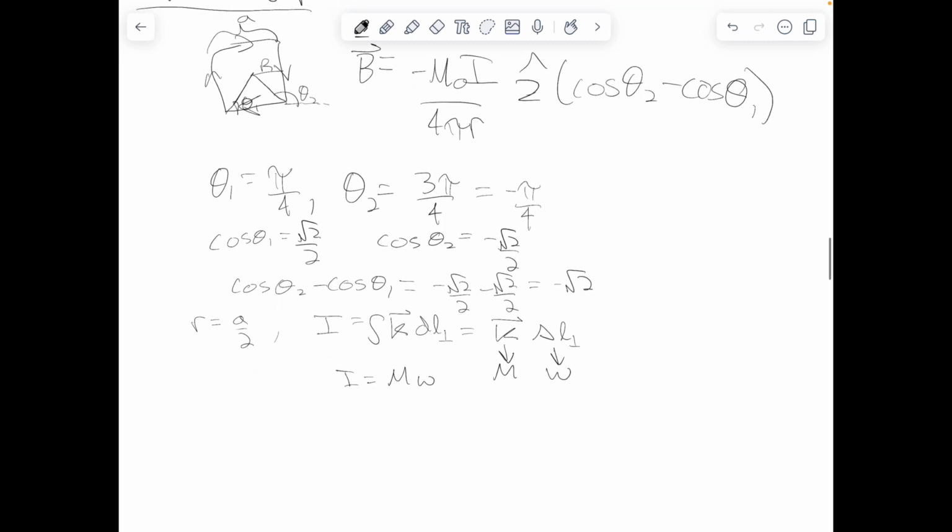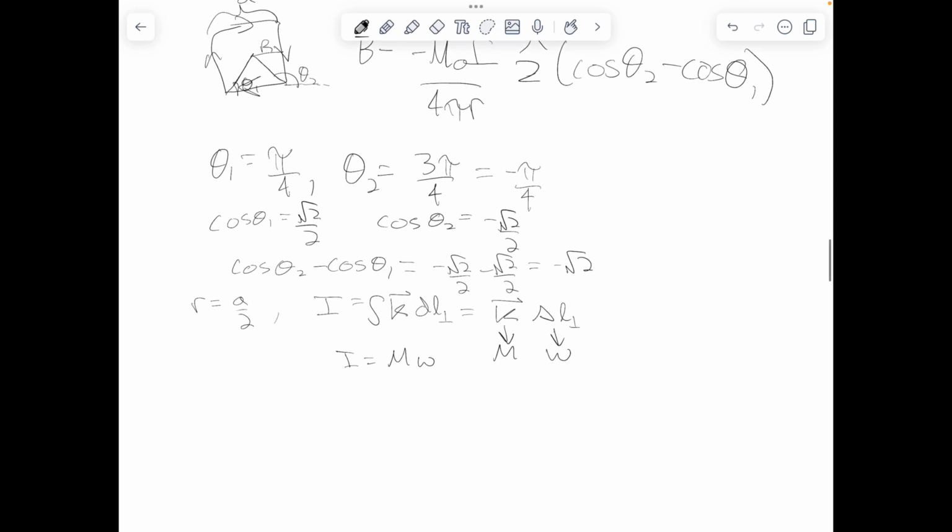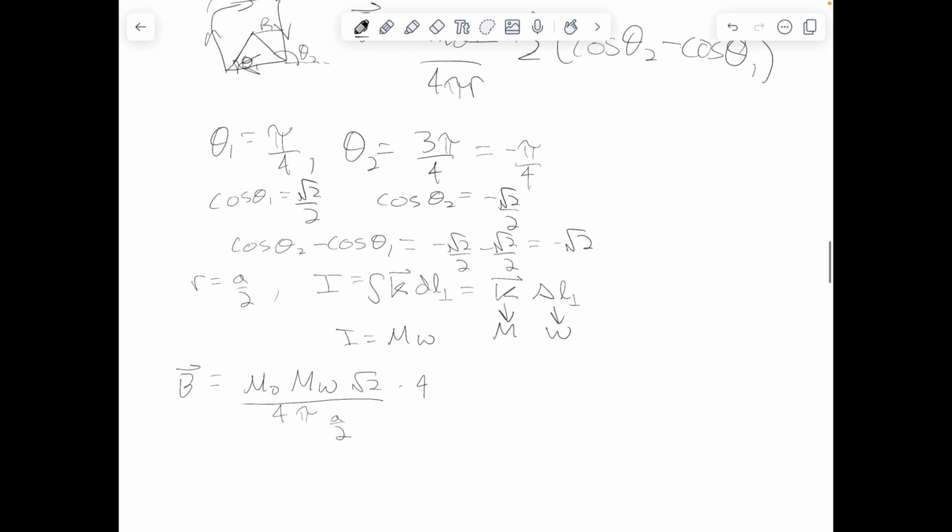So plugging all of that into our magnetic field equation, we get that B equals mu naught, our negatives are going to cancel, times M w times root 2 over 4 pi times a over 2. And I'm also going to multiply by a 4 here because we have to do this for all 4 sides of the square.